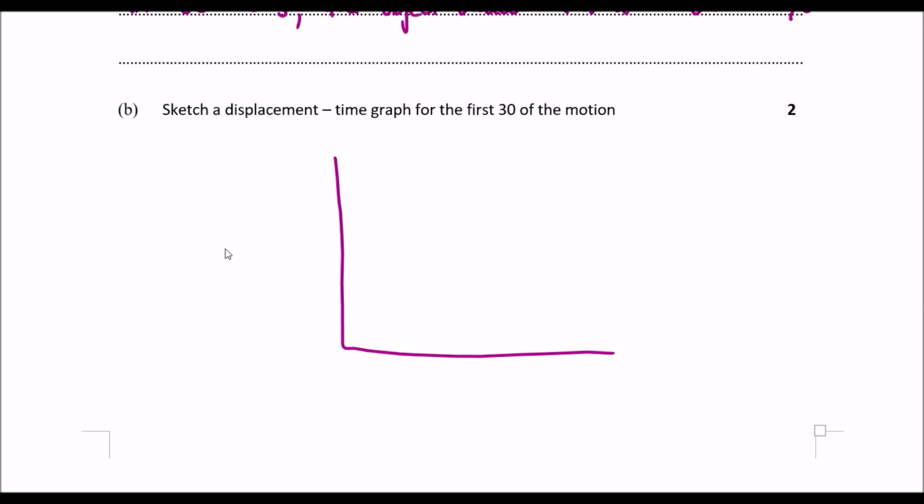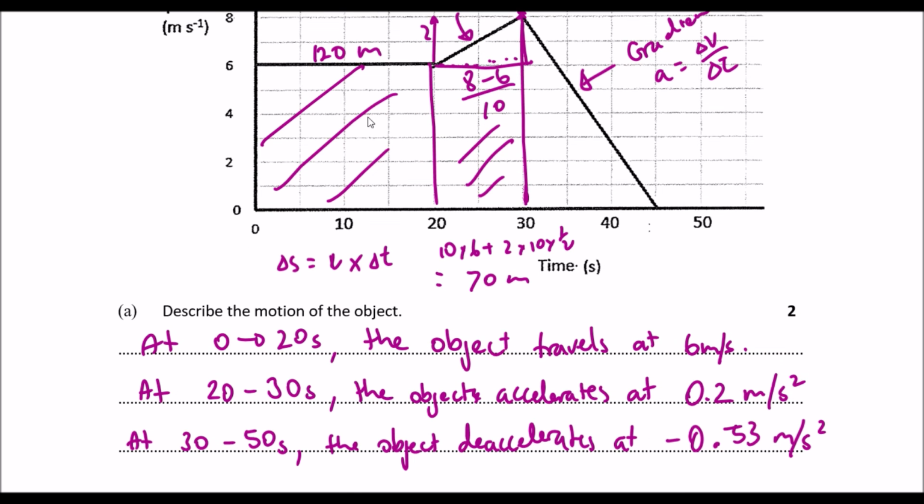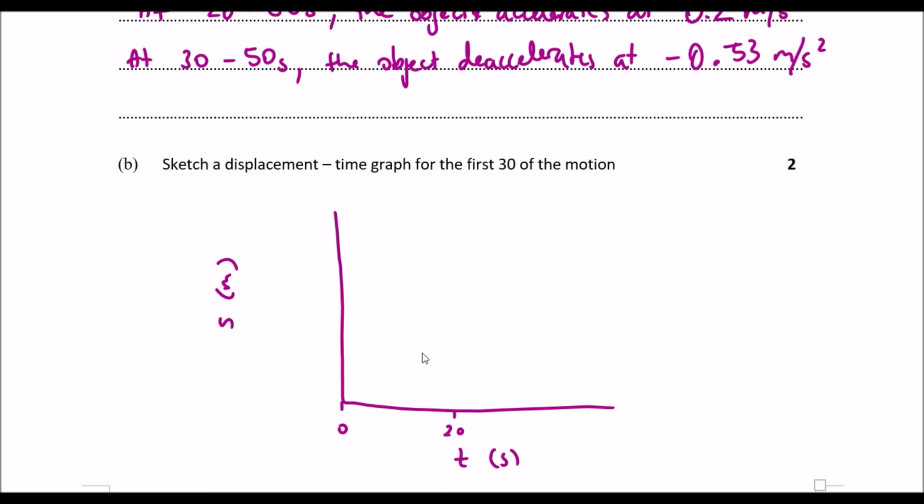So we have displacement over here, S in meters. We have time in seconds. We can start off at 0 here. We then go to 20 seconds. Because the object is traveling at a constant speed, we expect that it is a linear increase up until 20. So about so there.